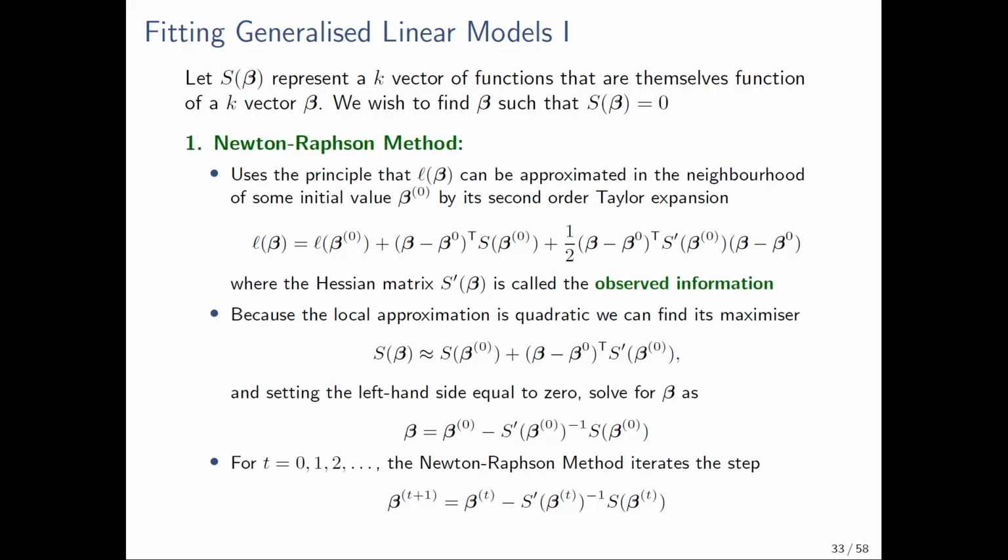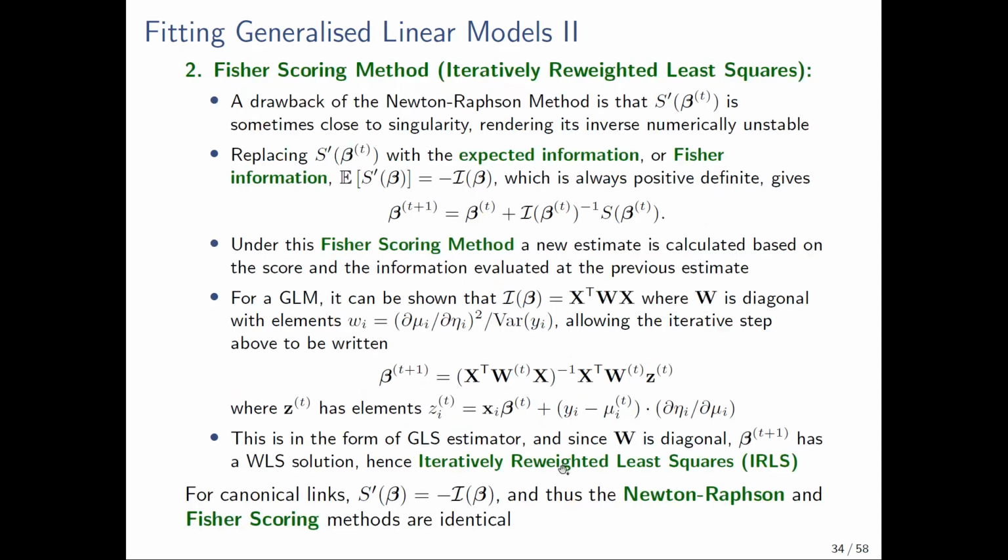Because the local approximation is quadratic, we can find its maximizer directly, approximate the score linearly, set it to 0, and solve for β. That gives the update shown at the bottom of the slide. The new β is equal to the old β minus the inverse Hessian times the score. And the Newton-Raphson method simply iterates this step from an initial value until convergence.